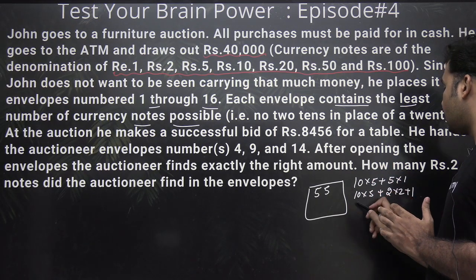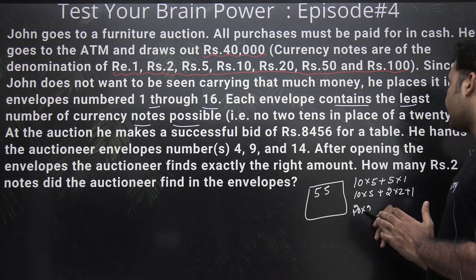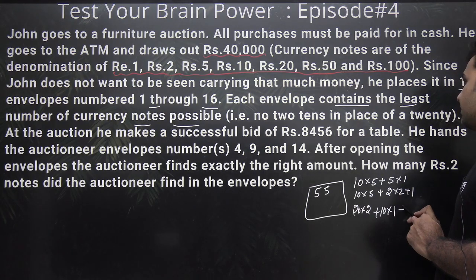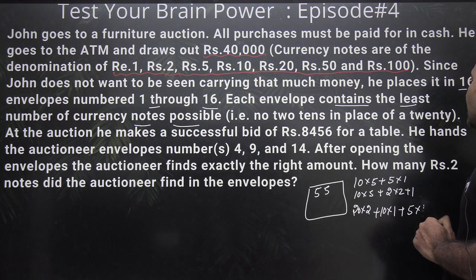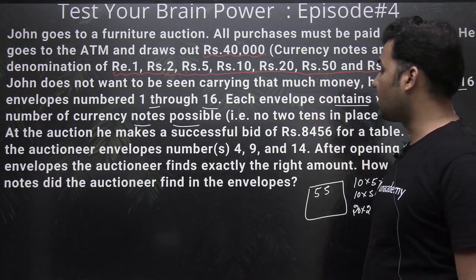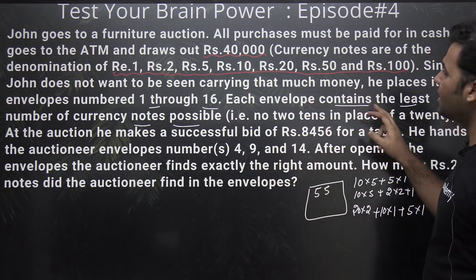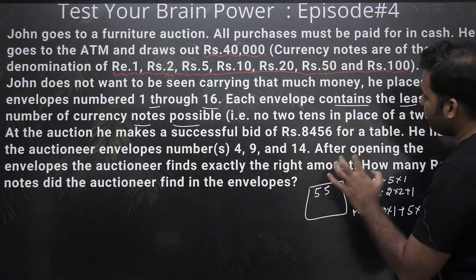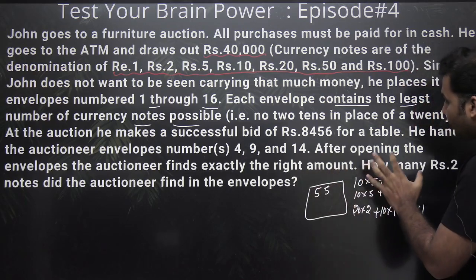I can also put 2 notes of 20 rupees, 40, plus 1 note of 10 rupees, 50, and 1 note of 5 rupees. But as per the statement, each envelope contains the least number of currency notes possible. Now to put 55 rupees in it, which one will be the least option?